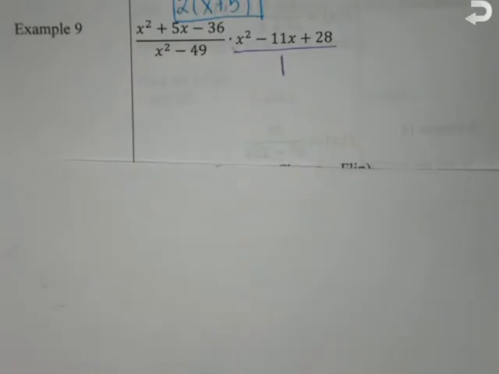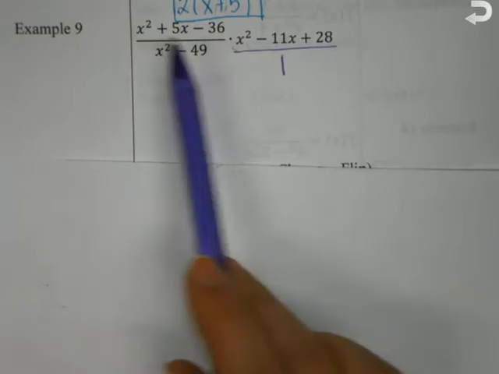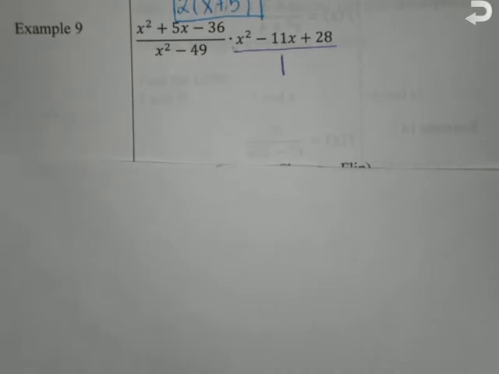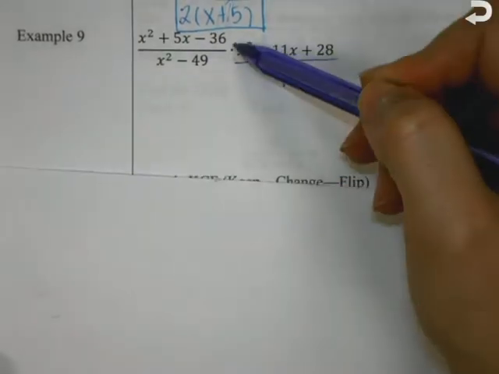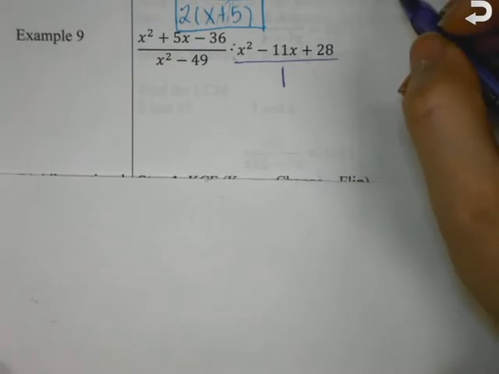Alright guys. How does this guy right here, x squared plus 5x minus 36, how does that factor? x plus 9 and x minus 4.